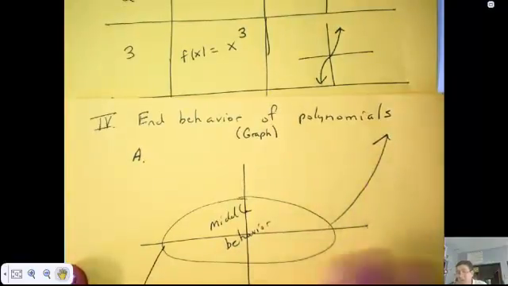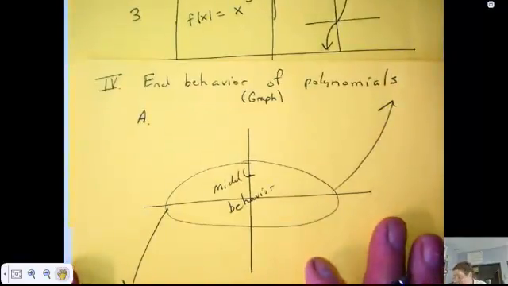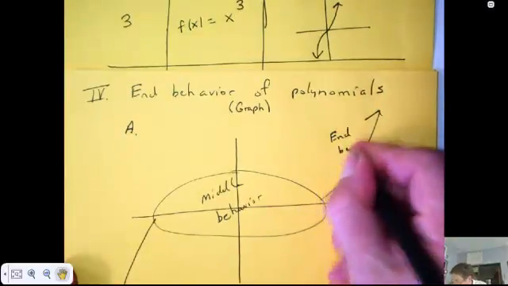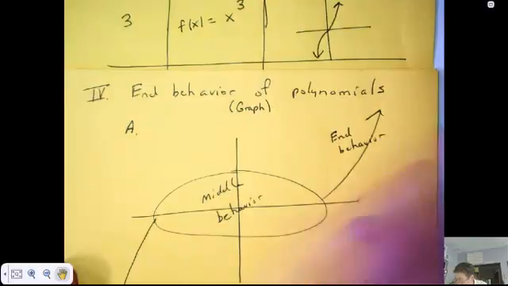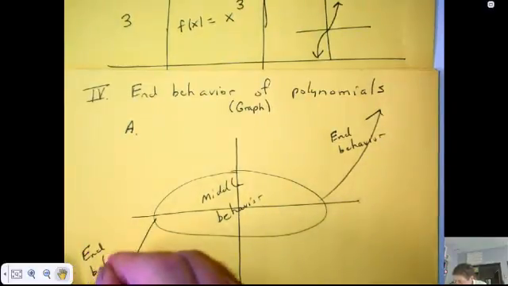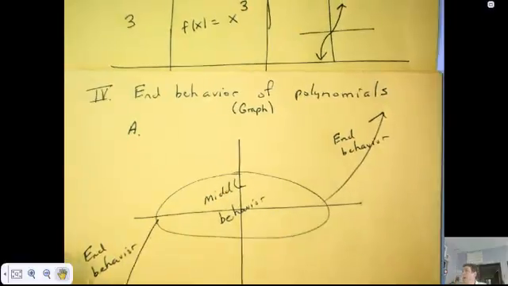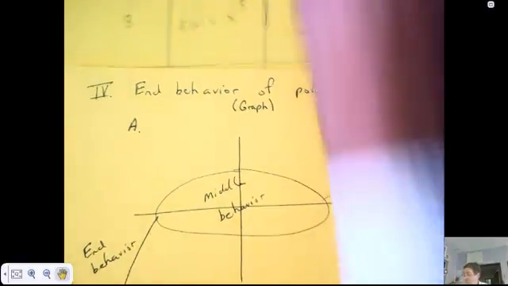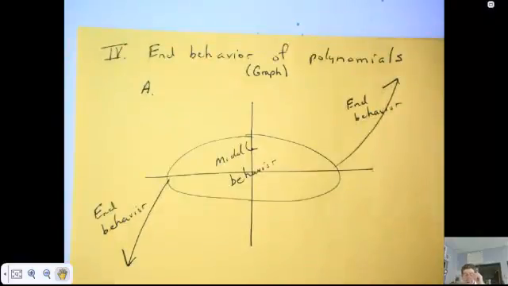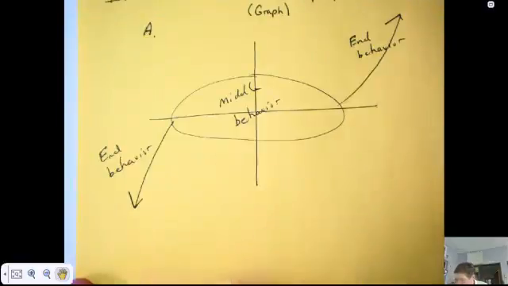But the thing about this is there's only so many options that can happen, so it's very predictable or easy to do. And to analyze that, we'll use what's called the leading coefficient test, which is a very simple test to do to give us that end behavior.